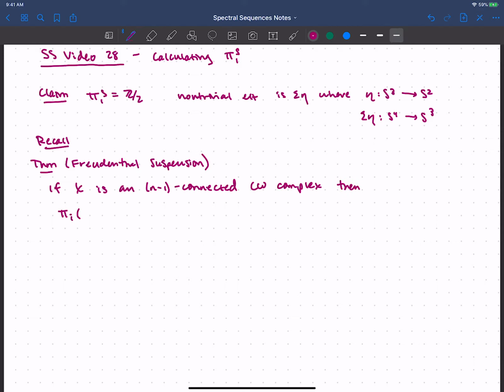So we look at pi i of X, suspend in the source and the target, and get a map to pi i plus 1 of the suspension of X. Struggling with my handwriting today. Okay, and I'll just call that map suspension by abuse.